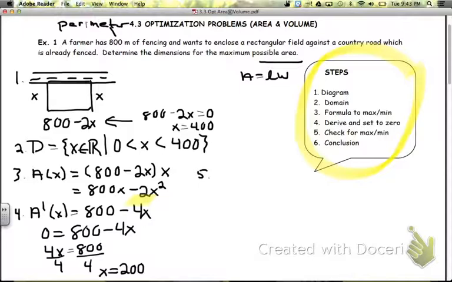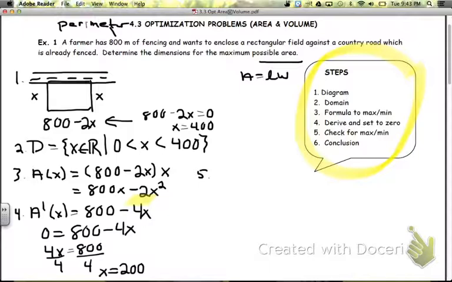So we're going to check our max and our min, but what you're also going to do is check your domain. So you're going to check when it's 0, and you're also going to check when it's 400. These are really what we call our zeros.